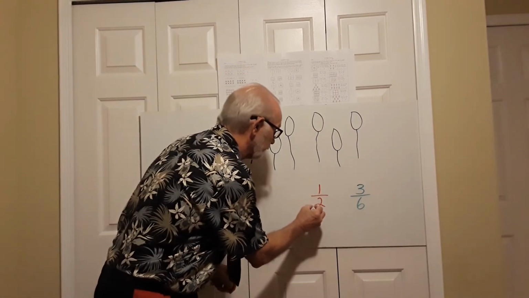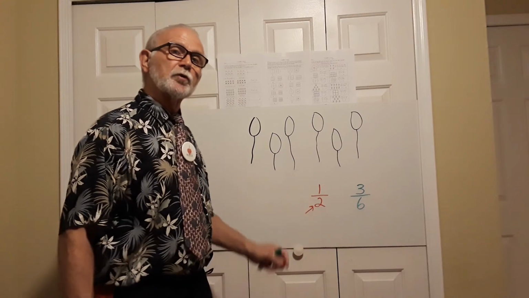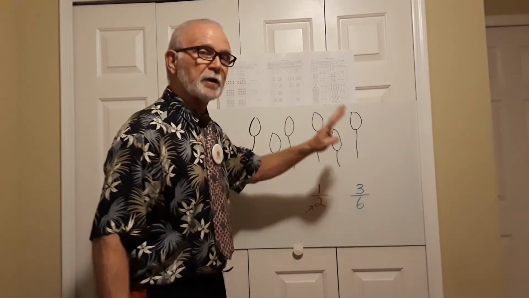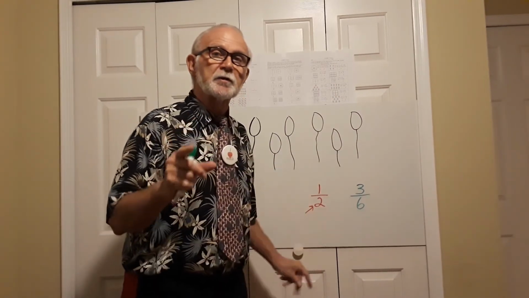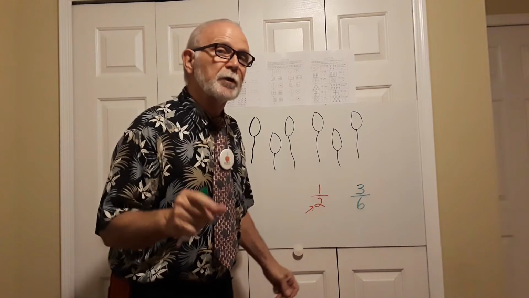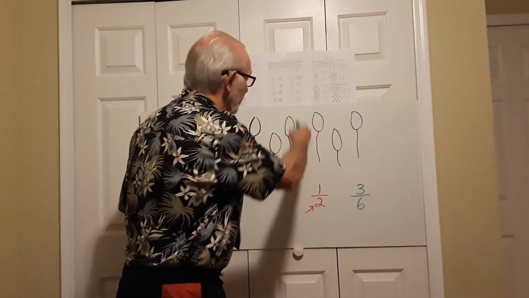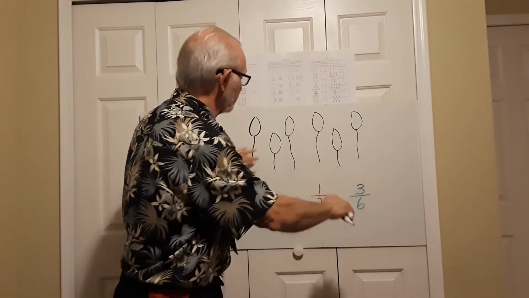The first one here is 1/2. The denominator is 2. That means we are looking for 2 groups up here. 2 groups. 1/2, remember, is the simplest and most familiar fraction, 1/2. I think most of you can see that if I draw a line down through here, that will be half. 3 will be over here, 3 will be over here.